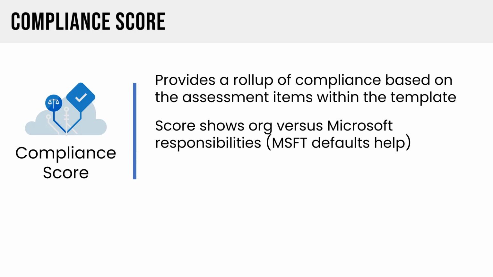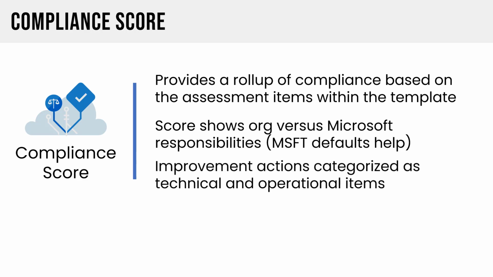The score shows the organization's responsibilities, so the organization score versus Microsoft score on their responsibilities. That rolls up into the overall score, which makes your score, generally speaking, look abnormally high right out of the box. There are improvement actions that are shown. They're categorized as technical and operational.